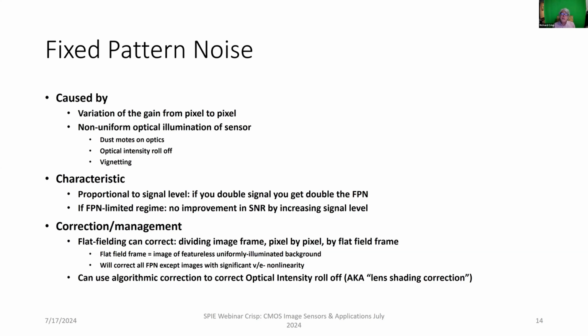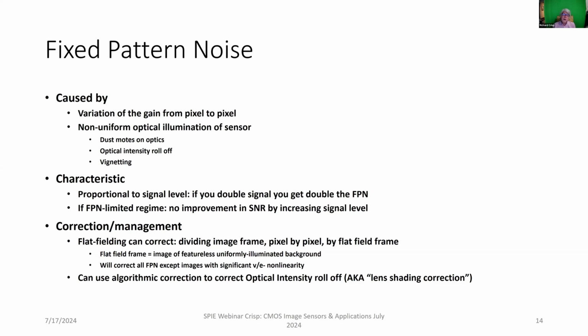Most commonly, it would have to do with the light intensity roll-off from the optical system. For conventional lenses, as you go off axis, the intensity of the light rolls off like the cosine to the 4th power of the chief ray angle.